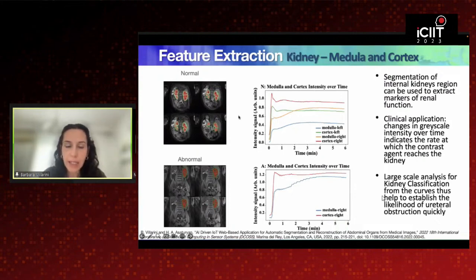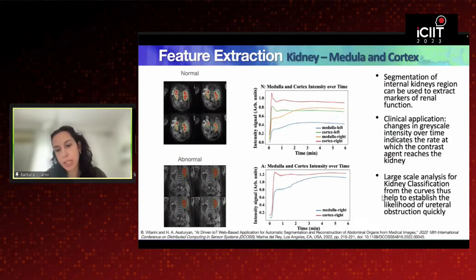we identify the kidney compartments, which are the medulla and the cortex, so medulla in red, cortex in green. And the accurate segmentation of the whole internal kidney regions can be used to extract clinically important markers of renal function that could optimize clinical decision-making.